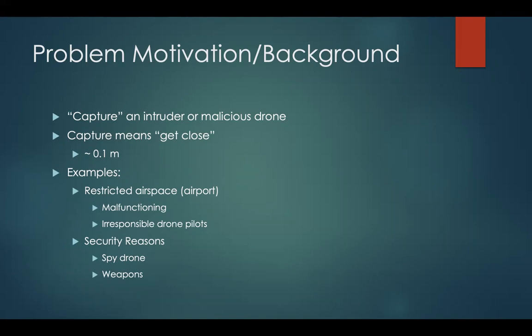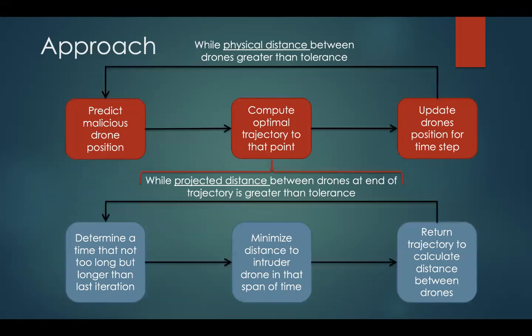Now, that's a restricted airspace example, but there are also other examples, such as a spy drone or a drone that wants to do some harm with some weapons or other things. We could send up a good drone that can go and capture that drone so that it doesn't do those harmful things.